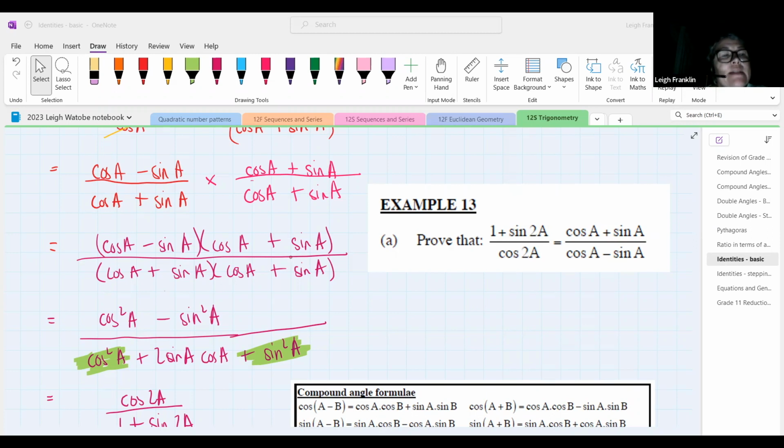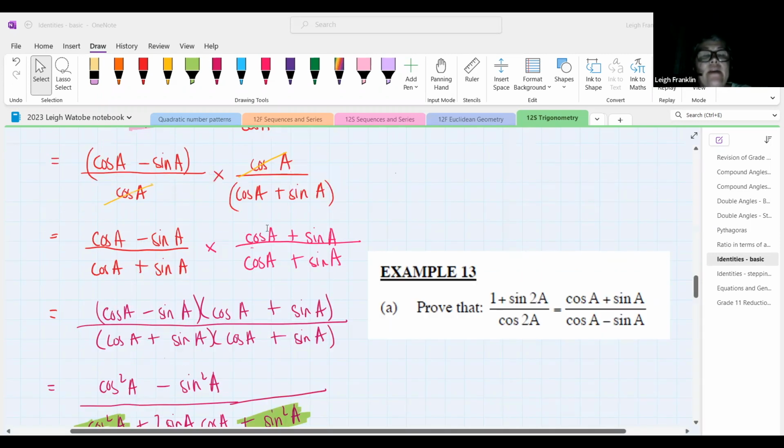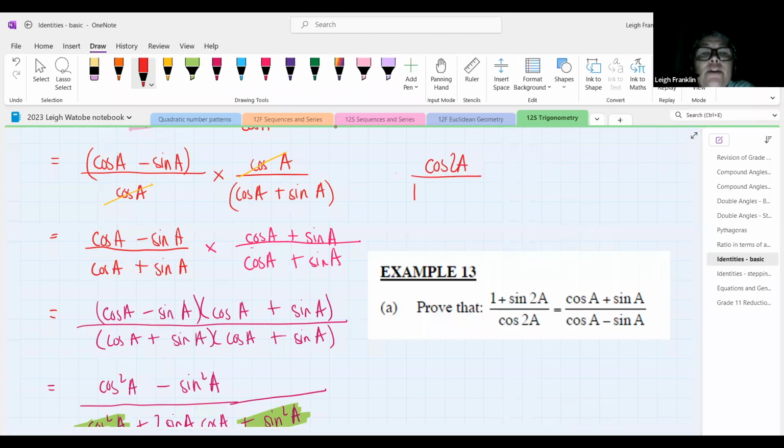So Lesedi, the idea is that what they had given us was that the left-hand side is equal to the right-hand side. On the right-hand side was cos 2a, and at the bottom was 1 plus sine 2a.